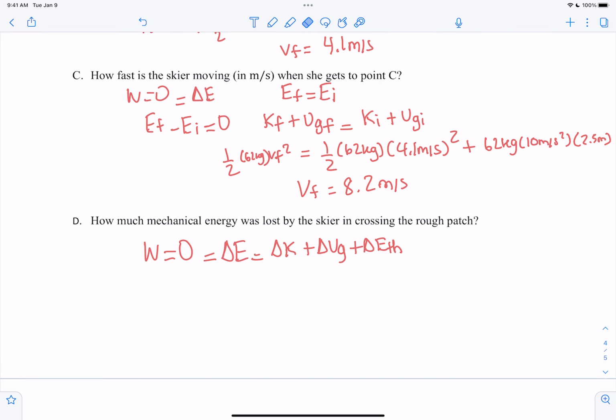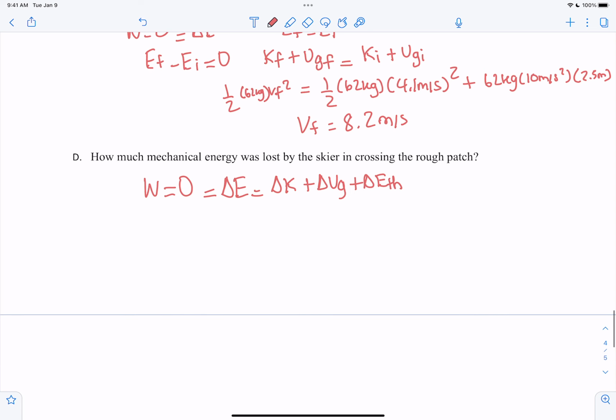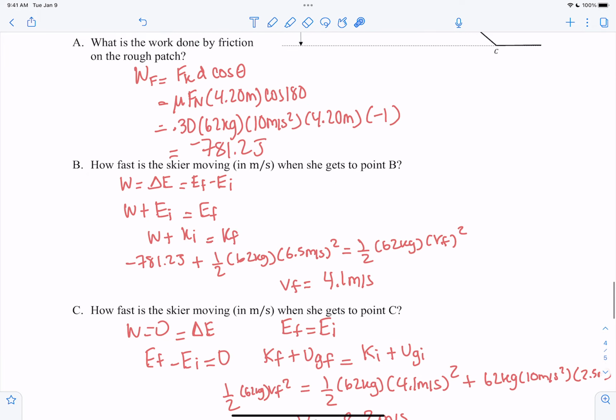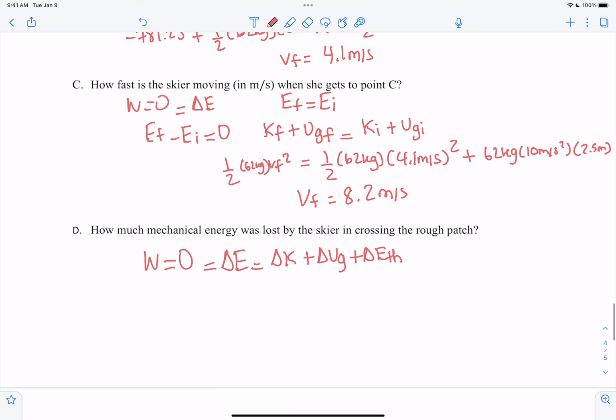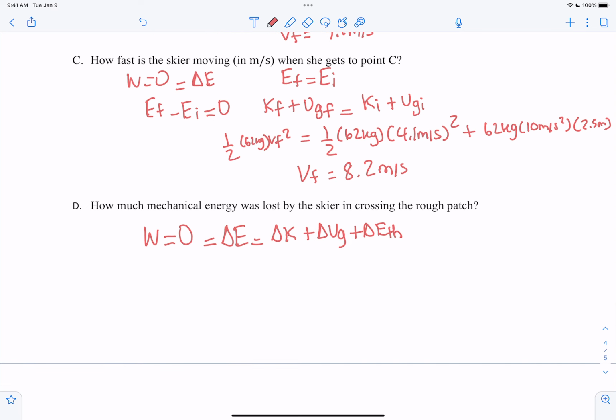So in this case, our change in gravitational potential energy, once again, we said that was 0 because you're at the same height along this point from here to B, right? Along that rough patch, everywhere there, your gravitational potential energy should stay the same because you're not changing your height.